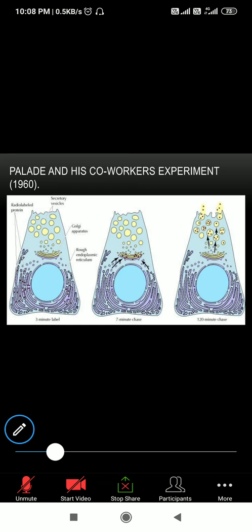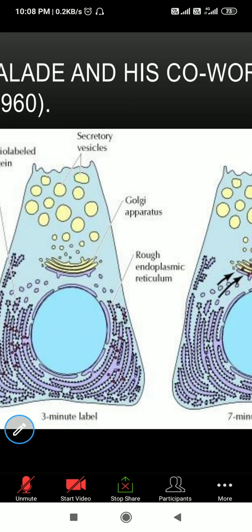The location of the radiolabeled proteins within the cell was then determined by autoradiography, following the pathway of these radioactive labels in the cell.